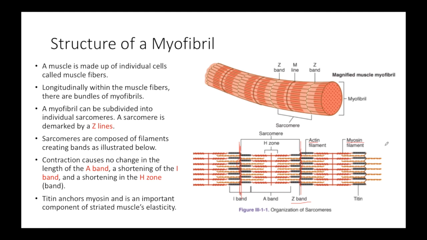When contraction occurs, we have an interaction between these two filaments, and what happens within our sarcomere is that our I band gets shortened, as well as a shortening of the H zone or H band, however you want to call it, zone, band, interchangeable.